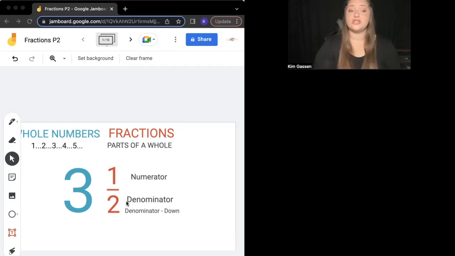If there is a large number beside our fraction, that is a whole number. All of our everyday numbers, 1, 2, 3, 4, 5, are all whole numbers.